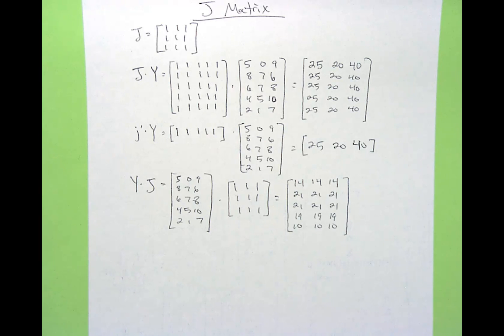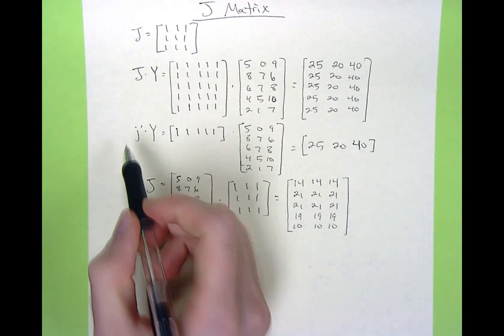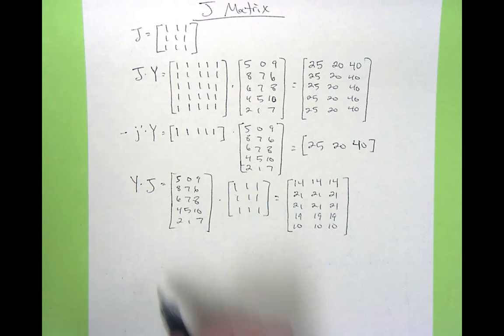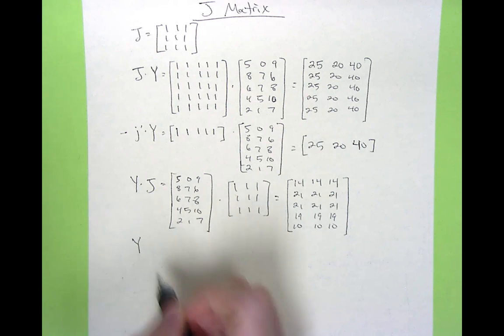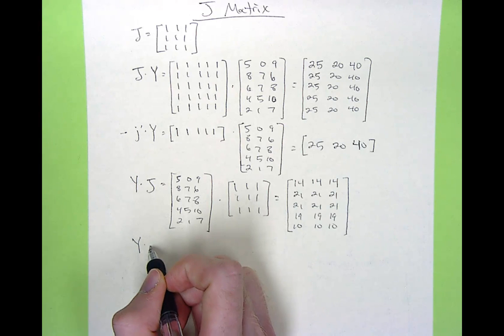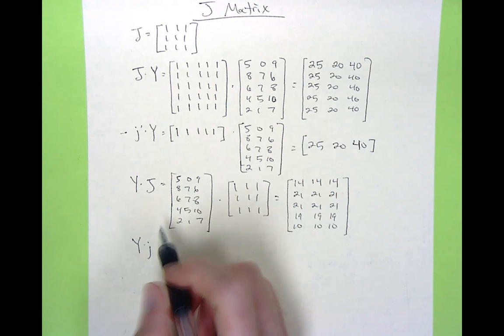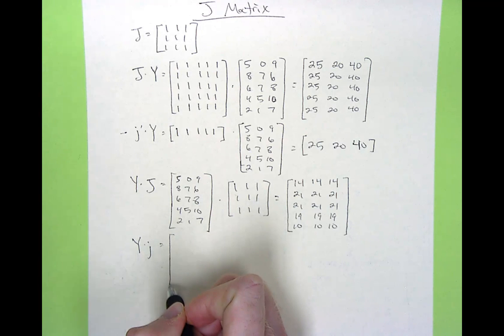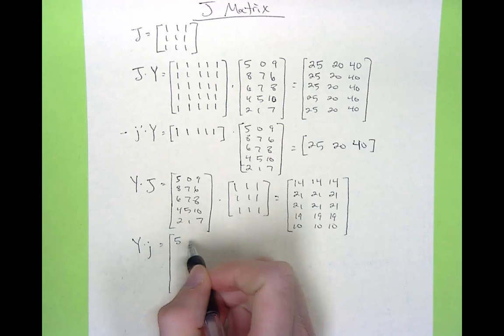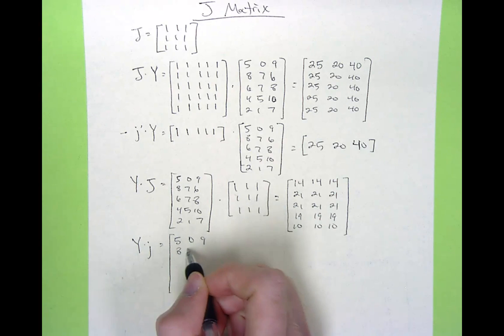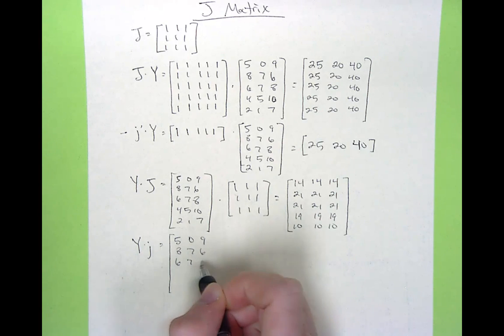Now, what if you just want the row summations? We'll do a similar thing to what we did here. We're going to do matrix Y times this column vector J, a column of ones. By this time you get sick of writing Y, but you've probably had it memorized by now.